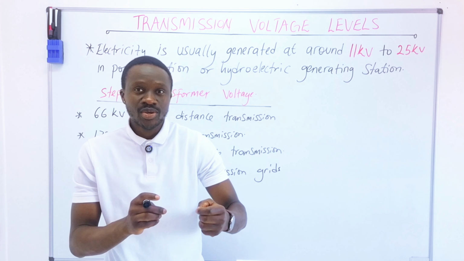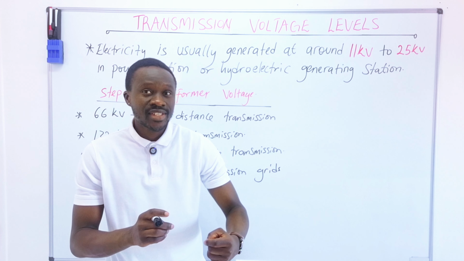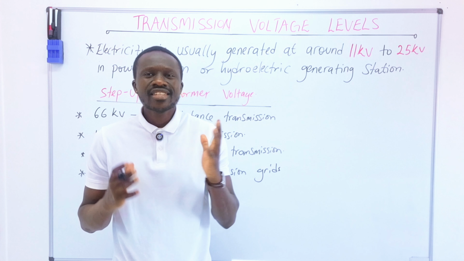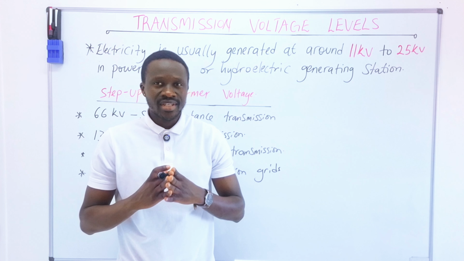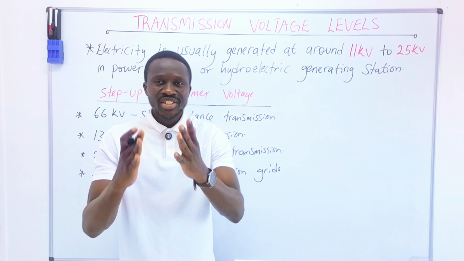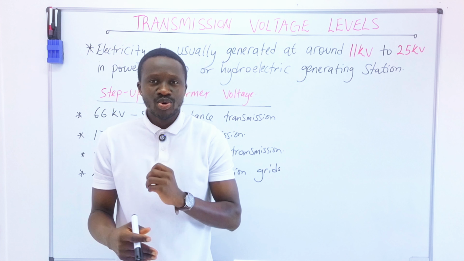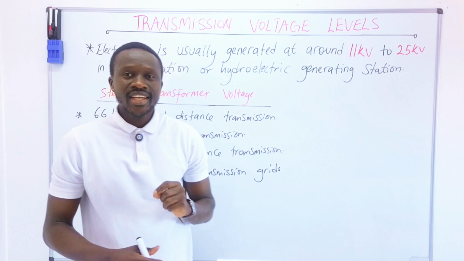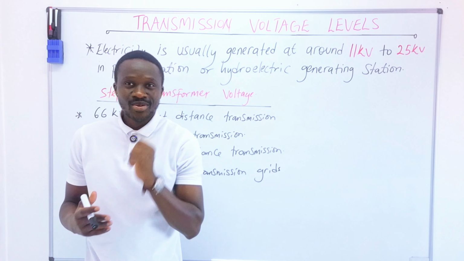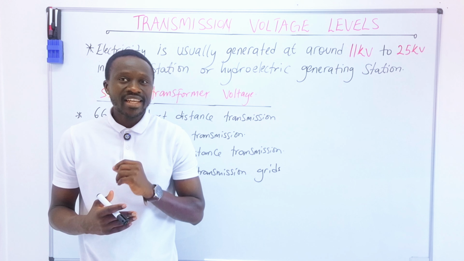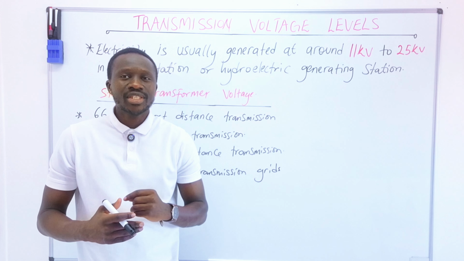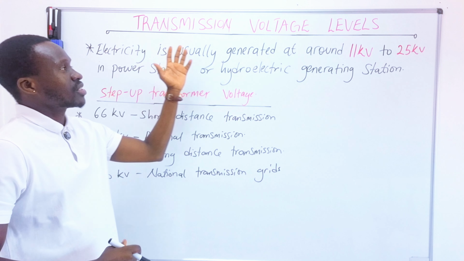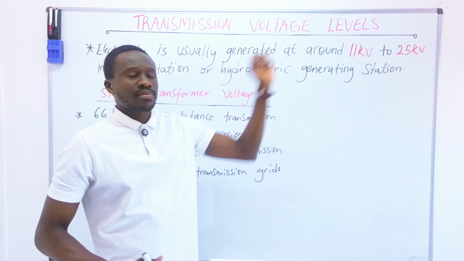When they are transmitting electricity, why do we use high voltages? There is a very crucial reason, and every electrician, every engineer, every technician needs to know about this. Why we use high voltage. Wait, and you're going to see the logic behind transmitting power in high voltages. Now let us dig into our topic today, transmission voltage levels.